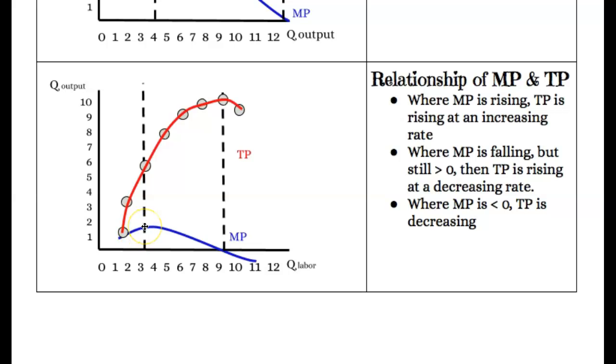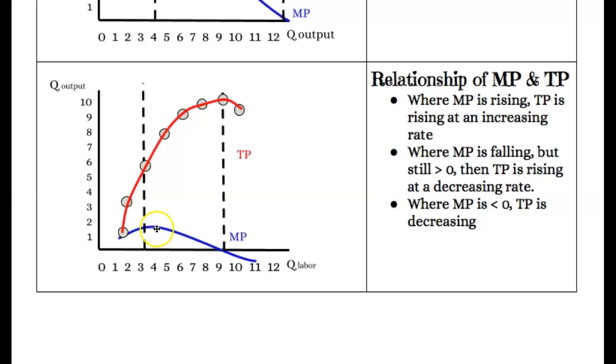But when marginal product hits its peak and starts to go down, what we're going to see is our total product still increasing, but at a decreasing rate. This is what we often say is where diminishing marginal returns occurs, or stage 2 returns. So marginal product is decreasing, but it's still positive. It's still above 0, which means total product is still going up.